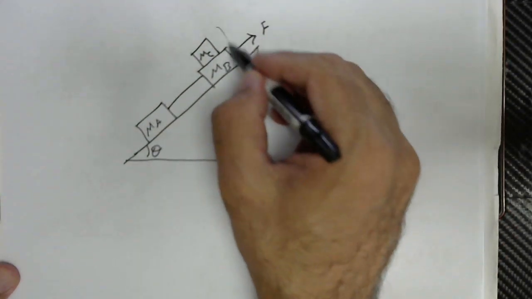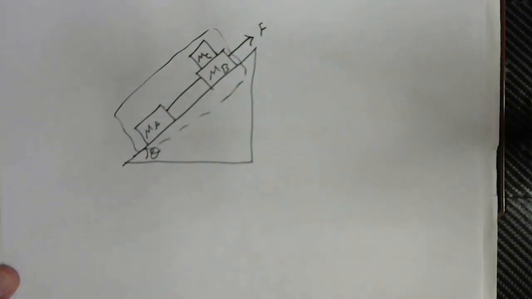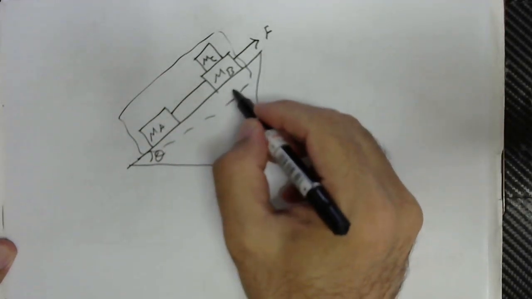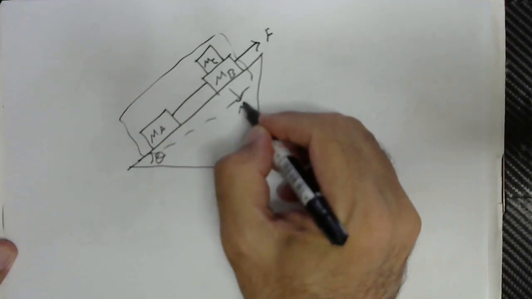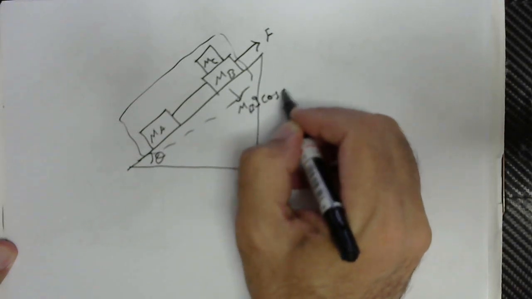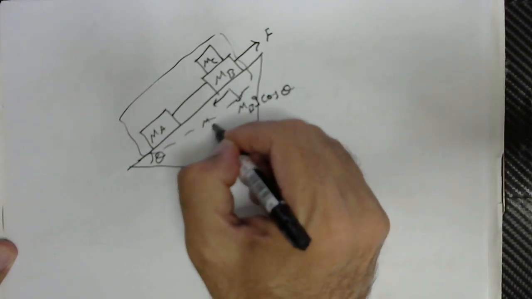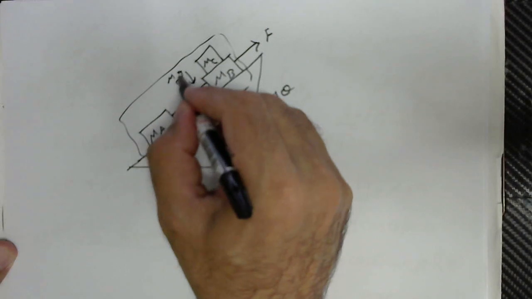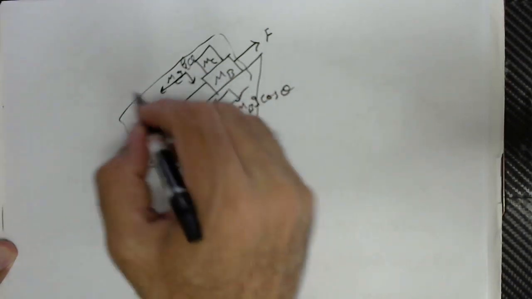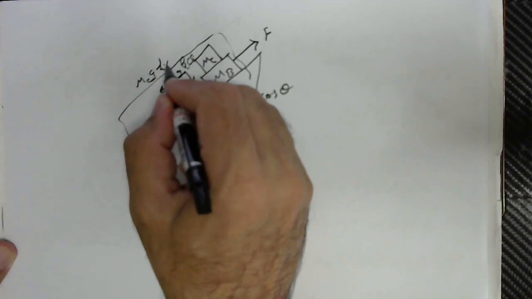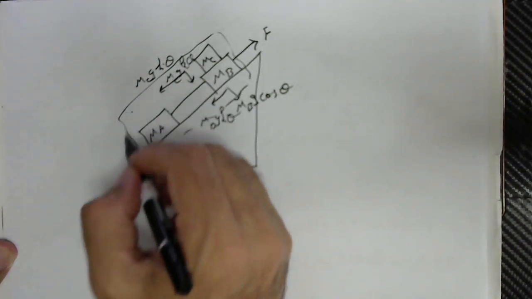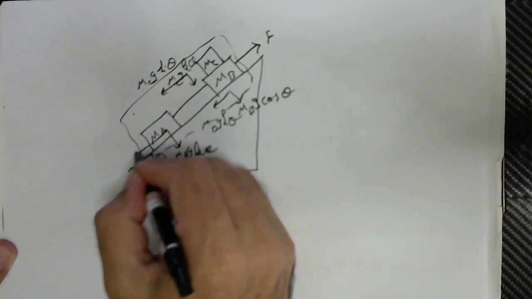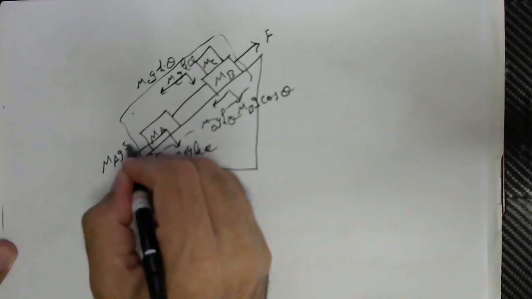So in this case, if I consider the whole thing as a system, then you do have the forces of the mass of B, which is MBG cosine theta and MBG sine theta, MCG cosine theta, MCG sine theta, and then for A, MAG cosine theta and MAG sine theta.